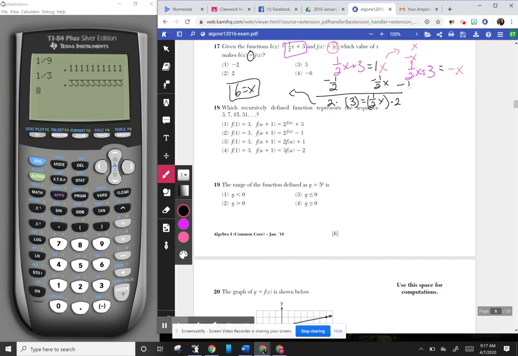So I'm going to subtract 1/2 x this time, just like before. But now we have -1 minus 1/2. So we're going to get negative 3 over 2 x.